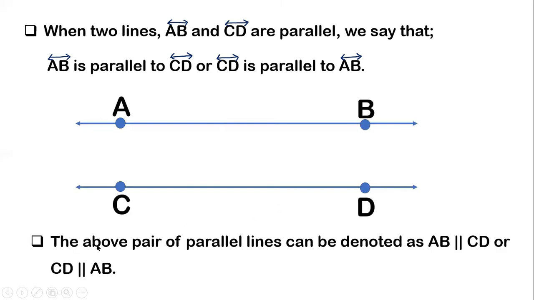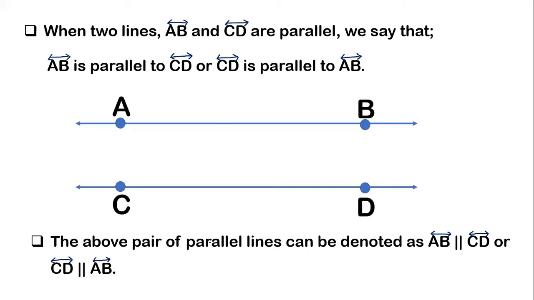Okay, so the above pair of parallel lines can be denoted as line AB is parallel to line CD. Or line CD is parallel to line AB.